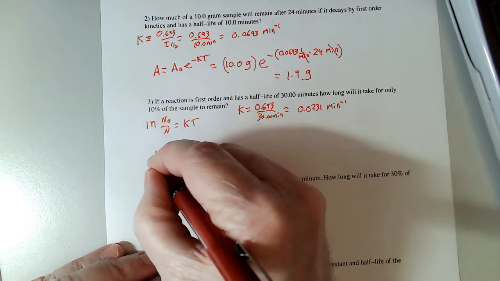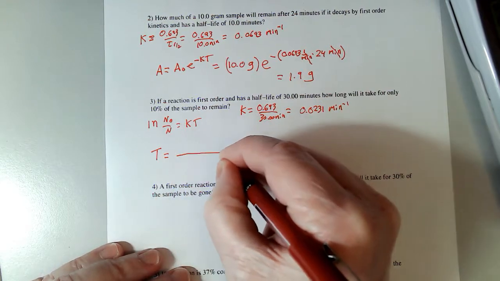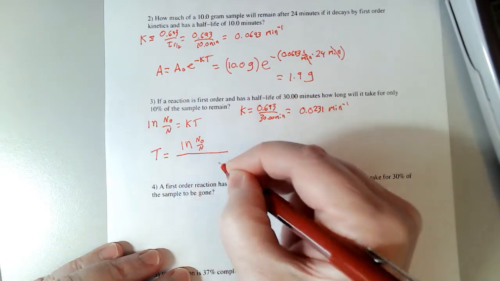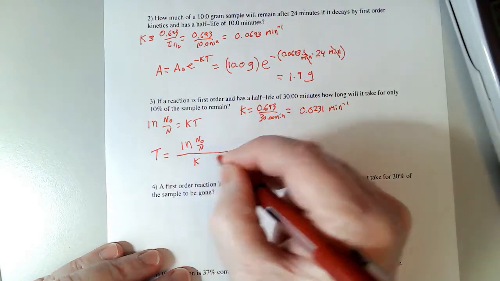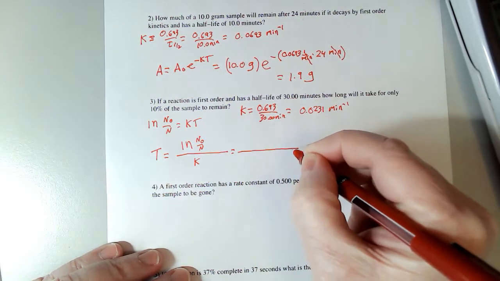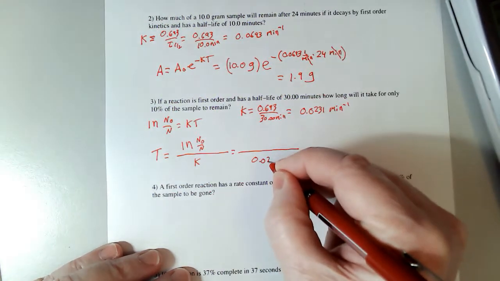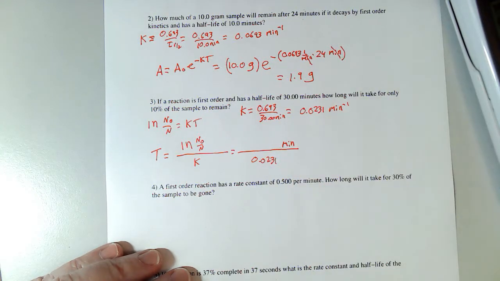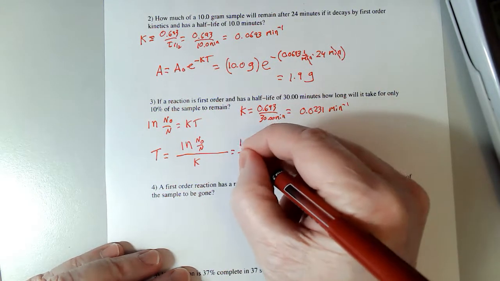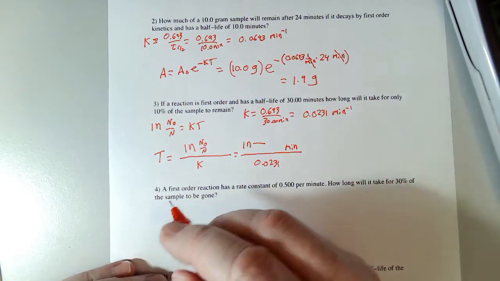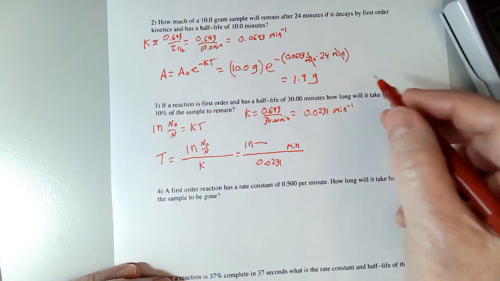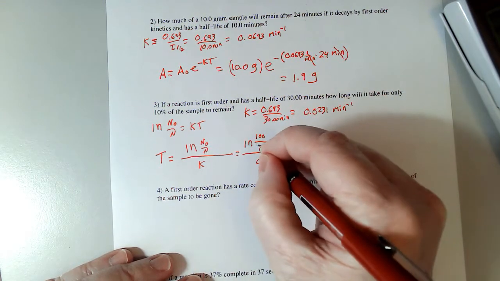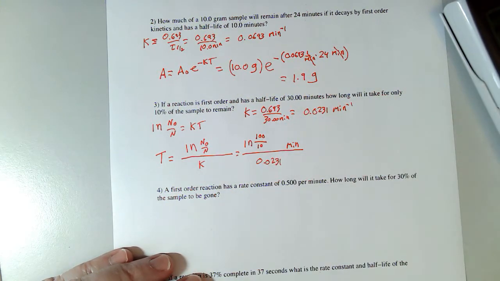So here I can say t equals ln of n naught over n divided by k. k is 0.0231, and since this is minute to the minus 1, minute ends up upstairs. Now, 10% of a sample to remain. Why don't I just assume we're starting with 100% and 10% of it remains?